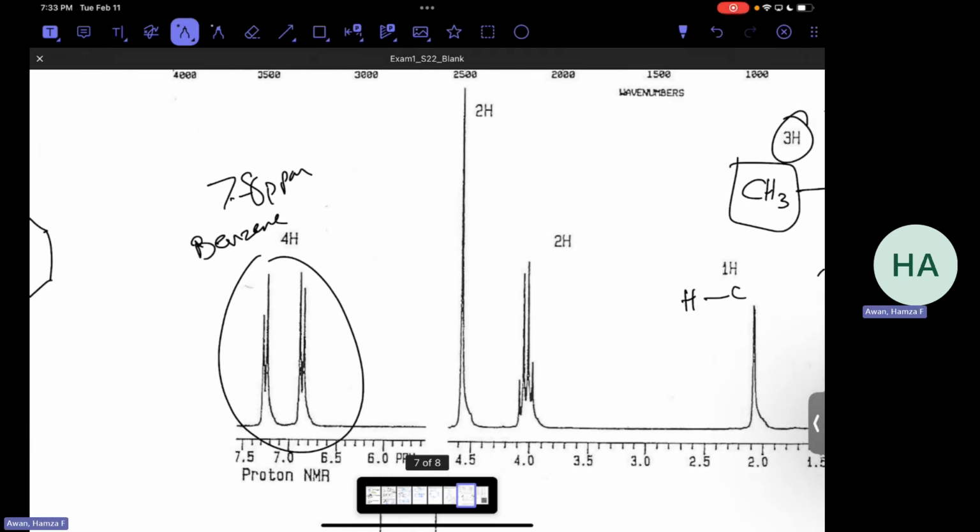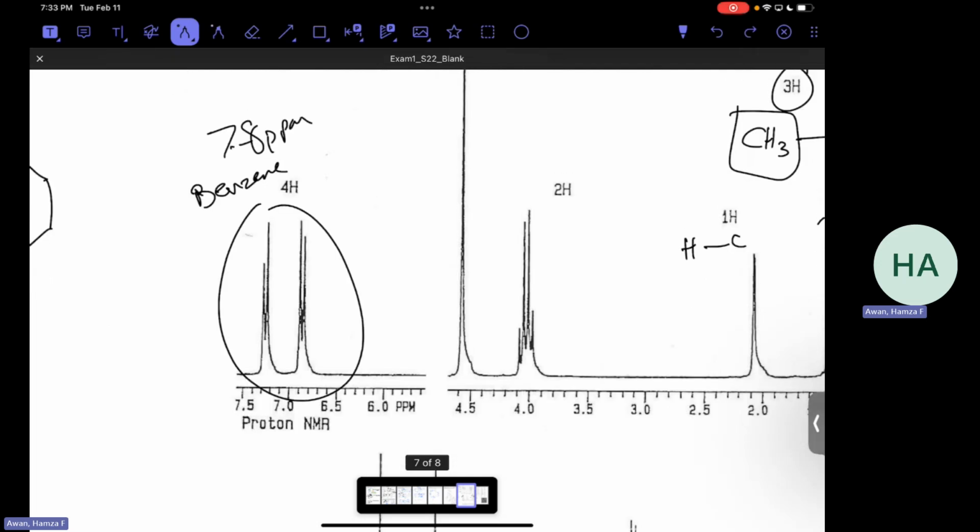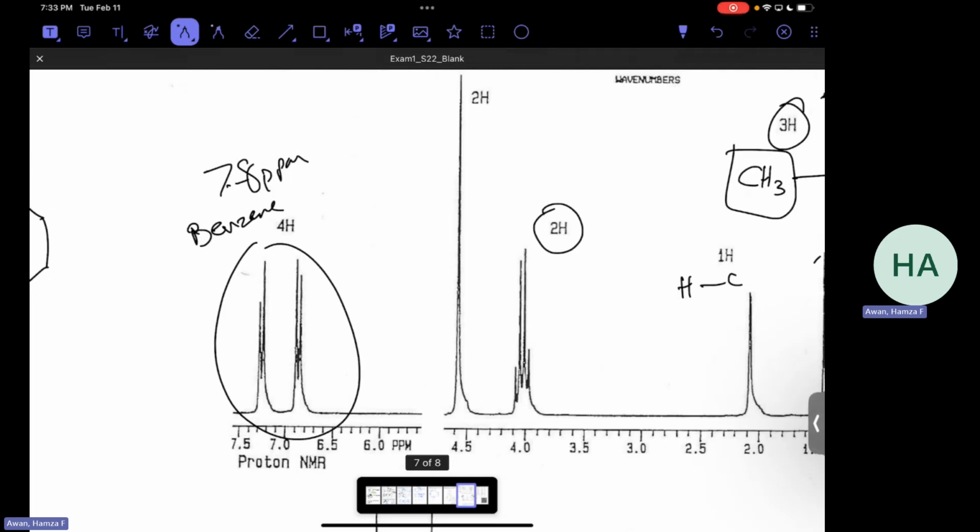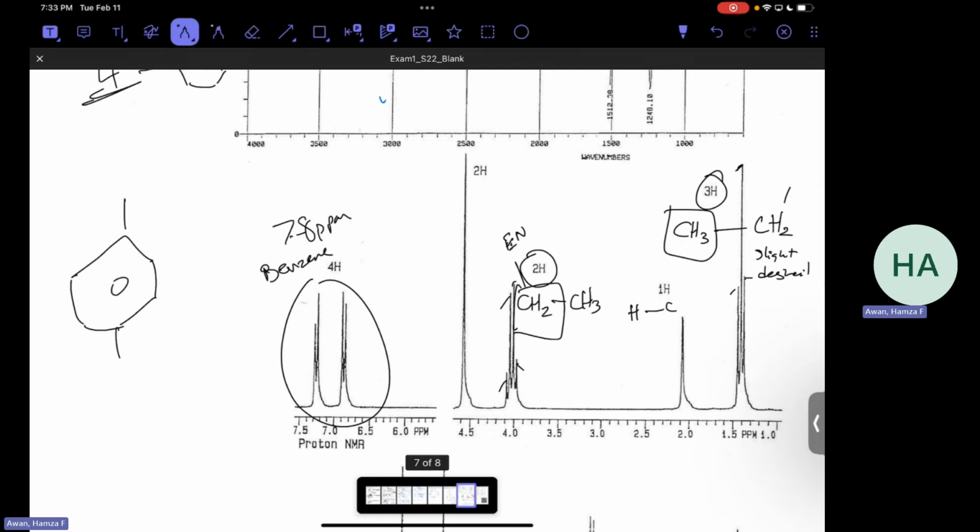So on the 4 peak, this is getting really, really far down. It's very deshielded. So we have a 2H, so CH2 bonded to a 3 carbon thing, CH3. And one thing to notice here is that this CH2 is quite downfield, right? So it's probably connected to an electronegative atom, right? So an oxygen in this case.